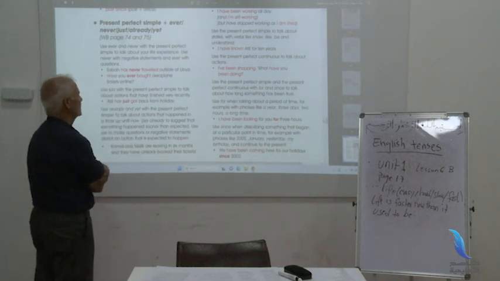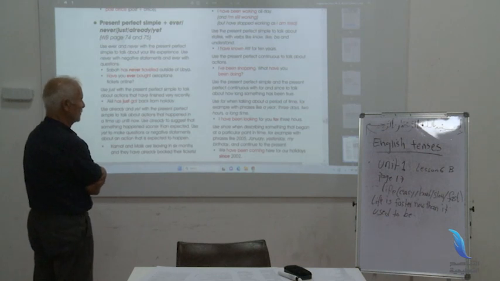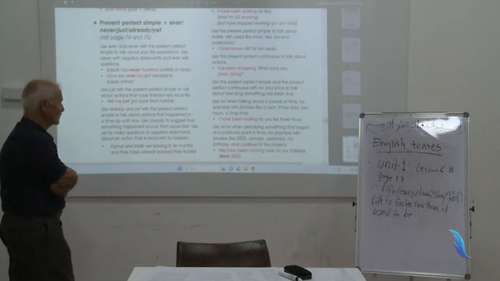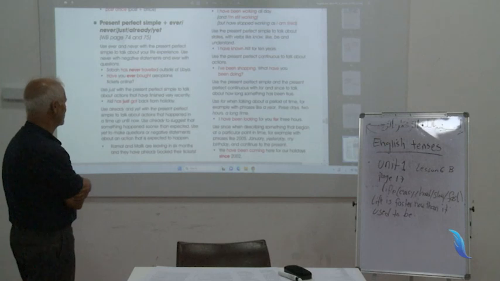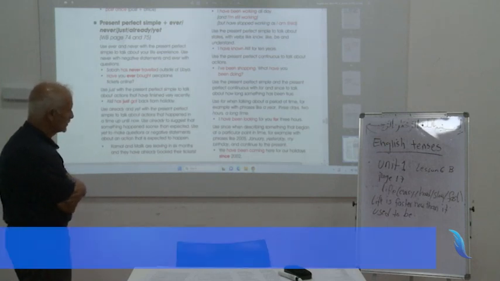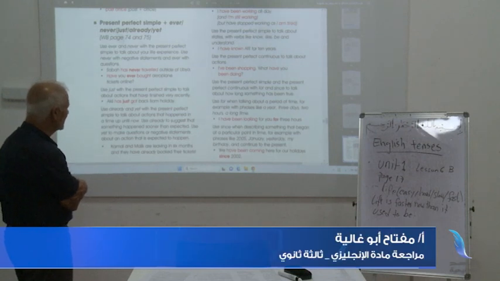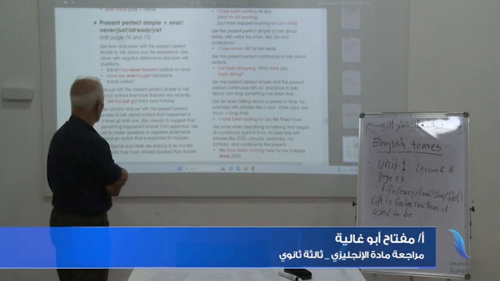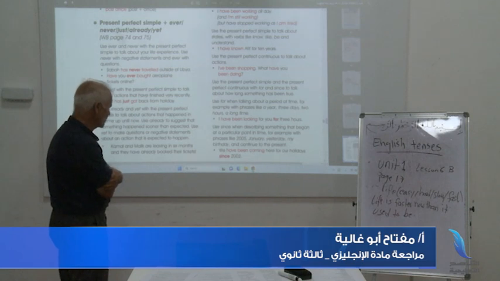Already, also, and yet are used with the present perfect simple to talk about actions that happened in a time up until now. Use already to suggest that something happened sooner than expected.